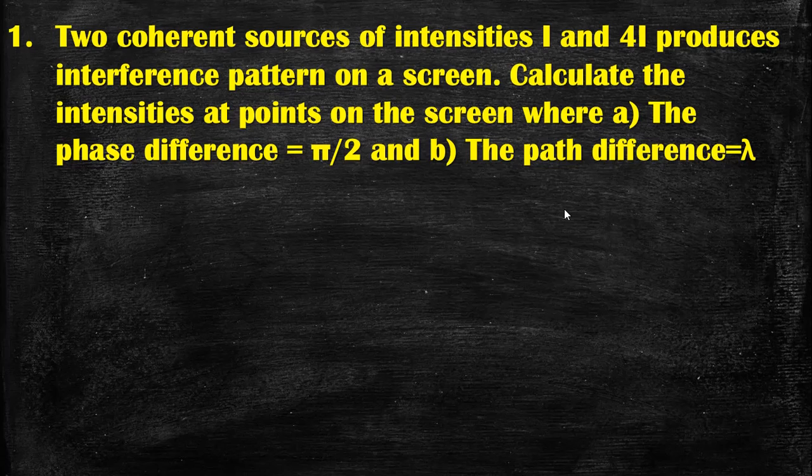Second, you have to list the given values, and third, write the relevant formula to find out the unknown value. In the problem some unknown value will be asked, and you have to write the relevant formula. You just have to recall the formula, and sometimes you need to modify the formula to get the required answer.